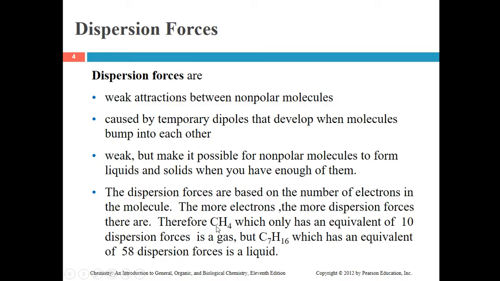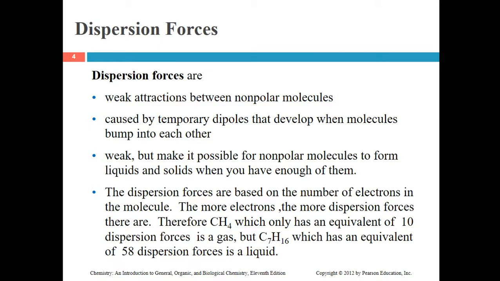Because it is going to be methane, and let's see, how many electrons does carbon have? It's going to have 6. Hydrogen has 1, but we have 4 of them. So it has 10 electrons, 10 dispersion forces. That's not enough to connect with another methane molecule to make it a liquid.